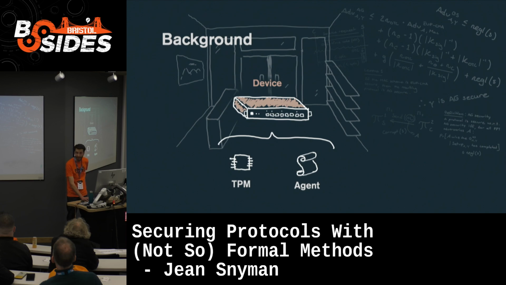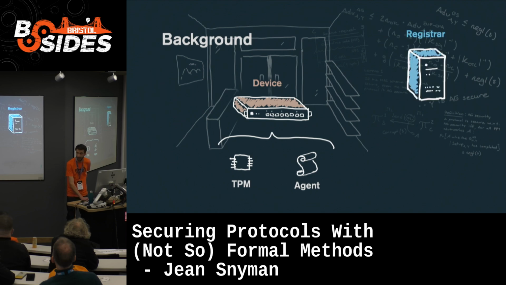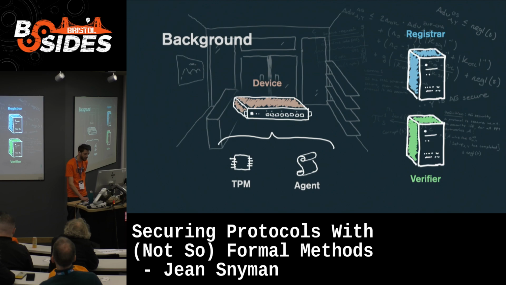Additionally, the device will have a software agent running on it, and this agent is what will gather the system state and report it to the central server. Speaking of central servers, we have two of them. We have a registrar, which simply keeps track of all our devices in our network or deployed in the field. And we have a verifier, and that's what actually receives the state and makes a determination of whether it verifies according to a given policy or not.